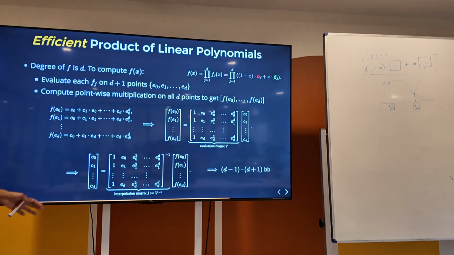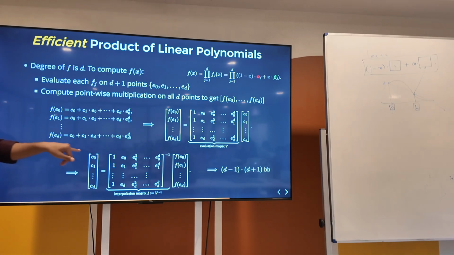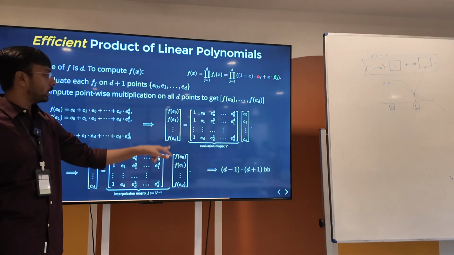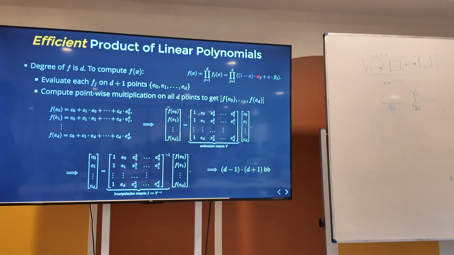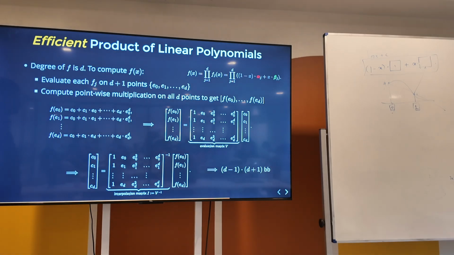Now let's calculate what would be the total number of base field multiplications if we use this method. So assume that the evaluation part is free. Assume that we don't need any extra cost to do the evaluations of all these polynomials. Of course, there's a finite cost, but we can consider it to be negligible because these numbers E0, E1, ED all are very small.